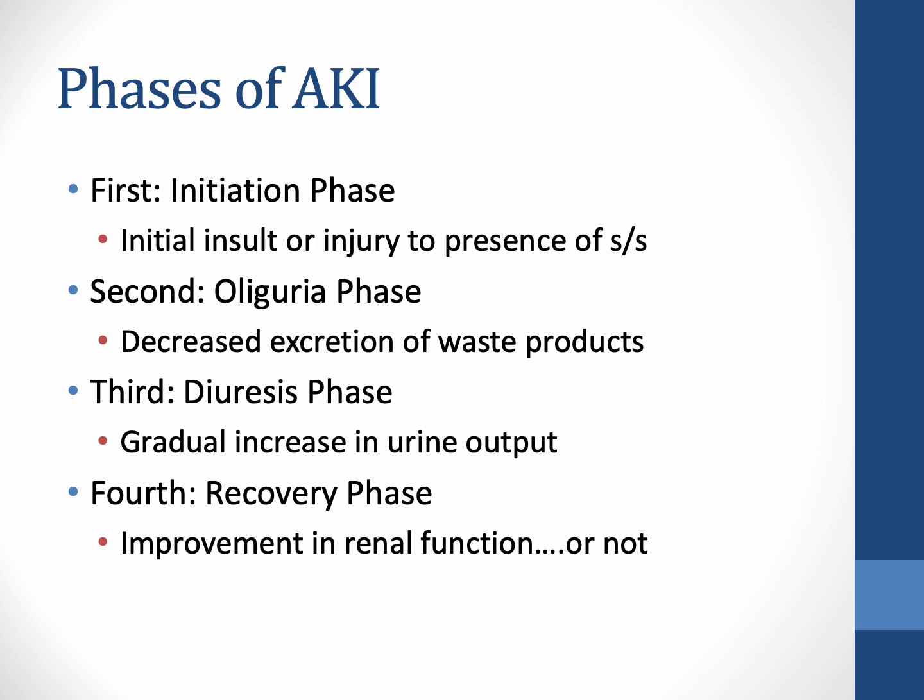The oliguric phase is marked by a decreased ability to excrete waste products, resulting in reduced urine output. Once in the diuresis phase, there is a gradual increase in urine output as the kidneys begin to recover. Lastly, in the recovery phase, renal function either improves, stabilizes, or fails to recover fully, determining the patient's outcome.